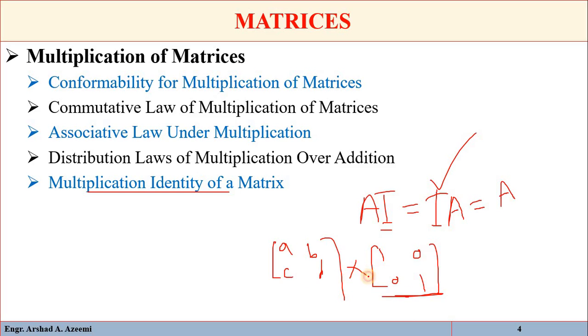If it is multiplied with it, we will get the same matrix. That's why it is called the multiplicative identity of the matrix.